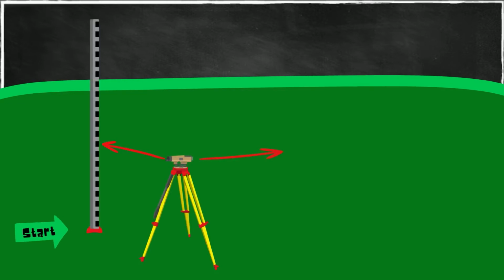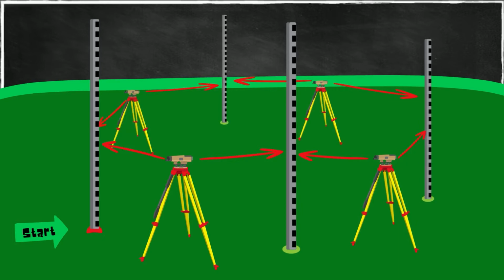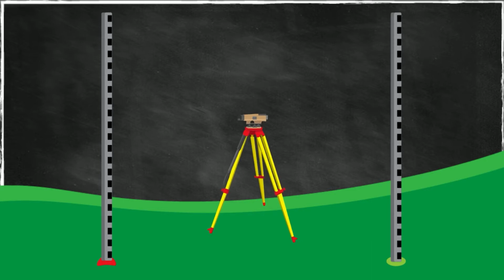So here again, we're going to start from a point with known elevation. We're going to advance along a sequence of turning points and come back to our starting point. The standard operating procedure for this kind of leveling along a traverse is that we first set up an instrument that is convenient so we can read both a backsight and a foresight.